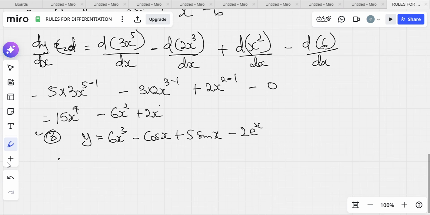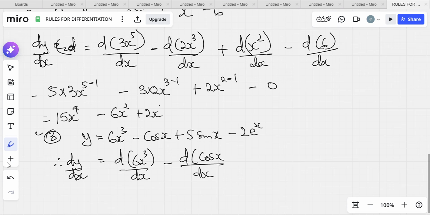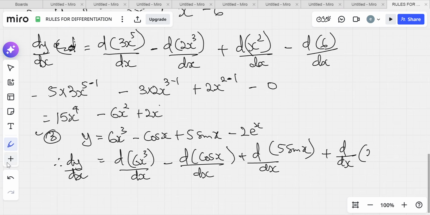Okay, so we have that dy over dx is equal to, just like we did in the other one, d bracket 6x to the power 3 over dx minus d bracket cos x over dx plus d bracket 5 sine x over dx minus d bracket 2 e to the power x over dx.